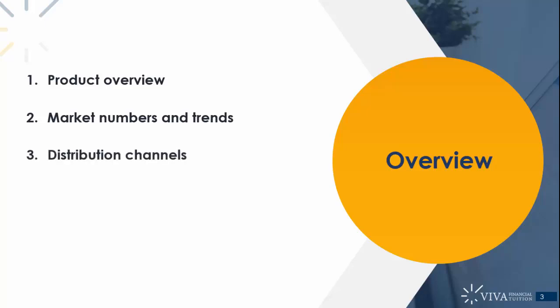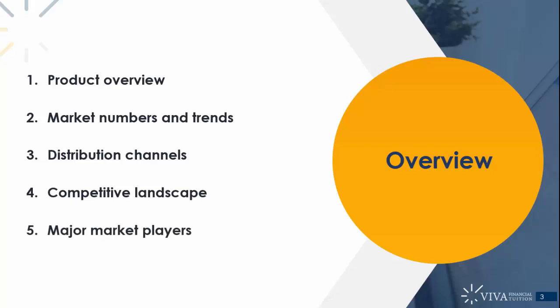Then we're going to look at the primary distribution channels for coffee pods and coffee capsules. Looking then at the competitive landscape, just looking at the degree of rivalry that's in this market at the moment. And then finally, we're going to look at some real-world market players, major companies in the coffee pod and coffee capsule segment.